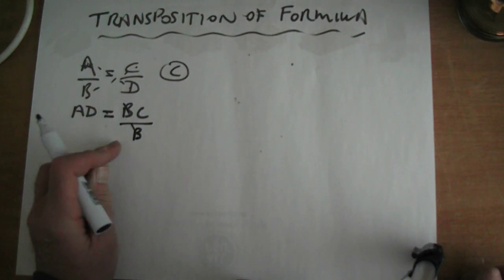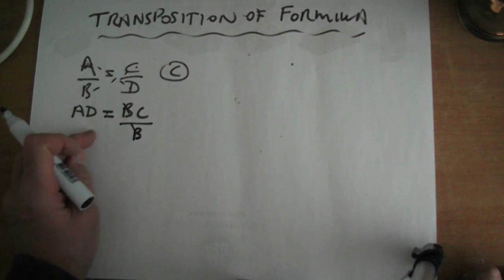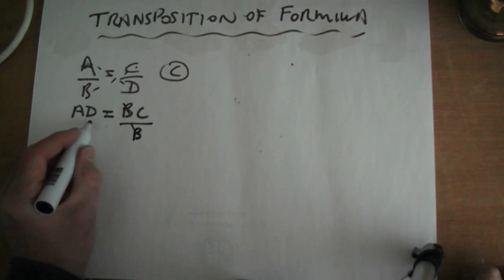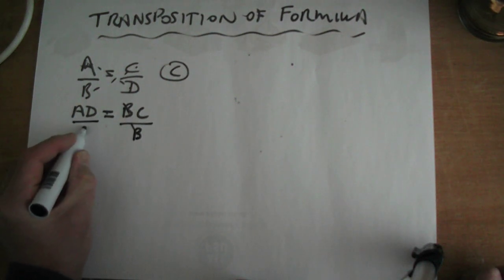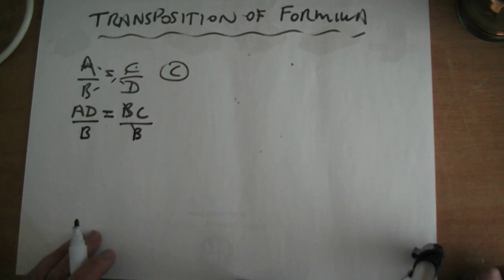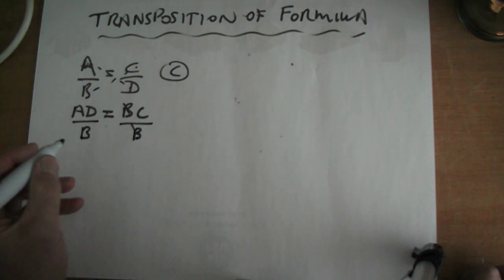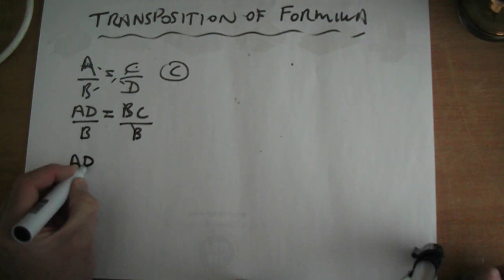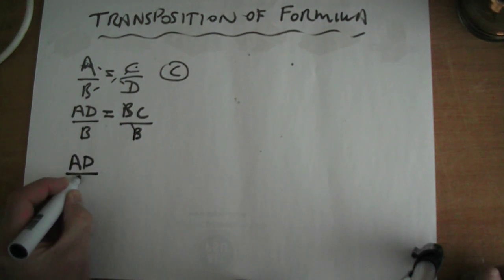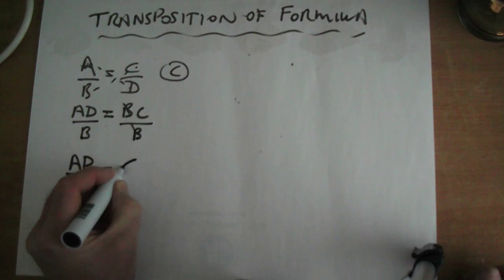But in maths, whatever you do to one side of an equation you have to do to the other side, so I have to divide this side by B as well. Okay, so now we can say the final result is A D divided by B equals C, because C is on its own there now.